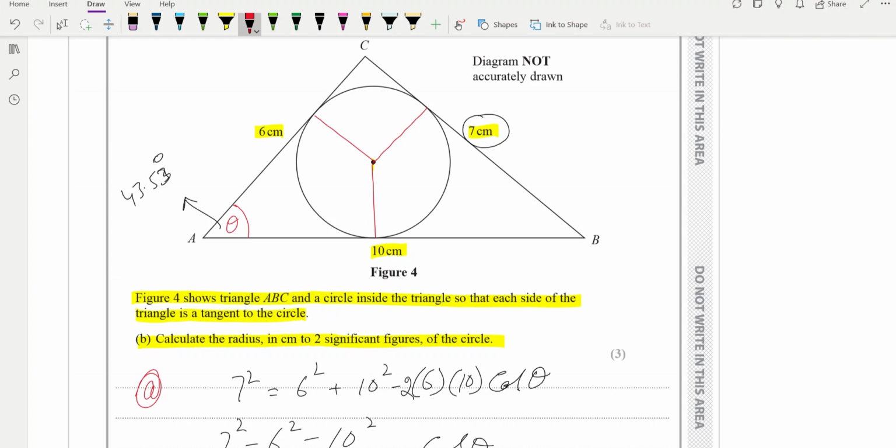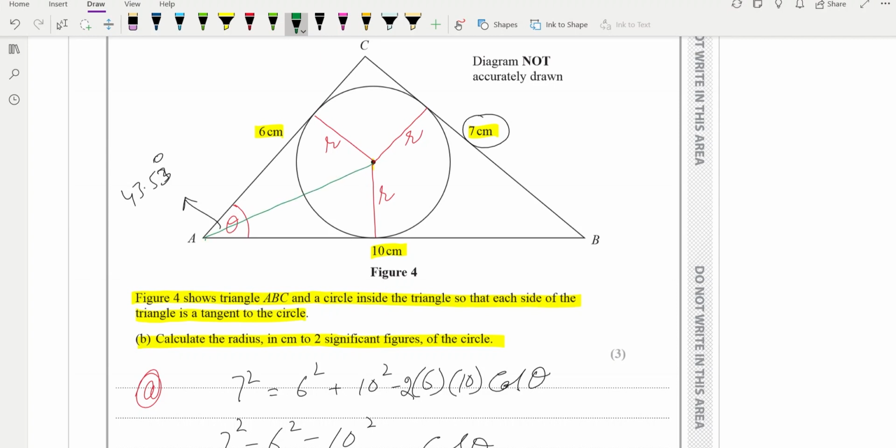So now what we will do, there will be three triangles basically. So this is R, this is R, and this one is also R.